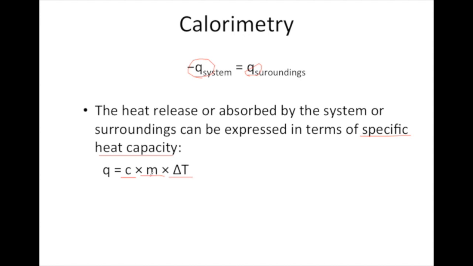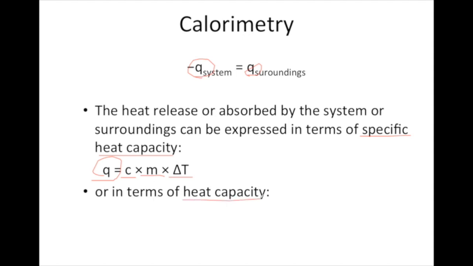These can generally be measured experimentally, and those will allow us to calculate the heat released or absorbed by the surroundings or system. We could also express and calculate Q in terms of heat capacity.